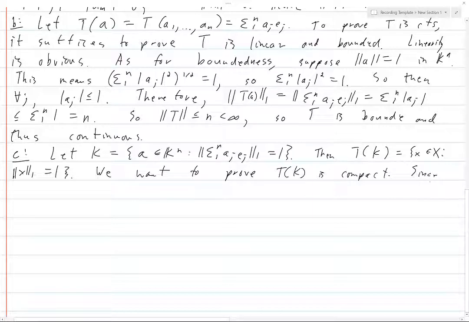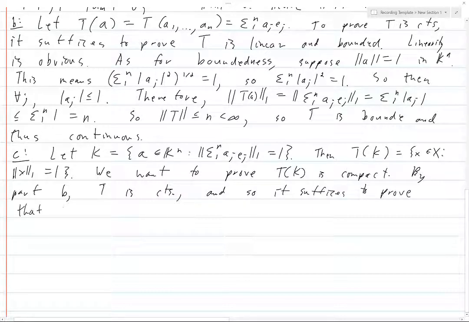Since by part B, T is continuous, it suffices to prove that K is compact, because it's a standard topology fact that continuous functions map compact sets to compact sets.